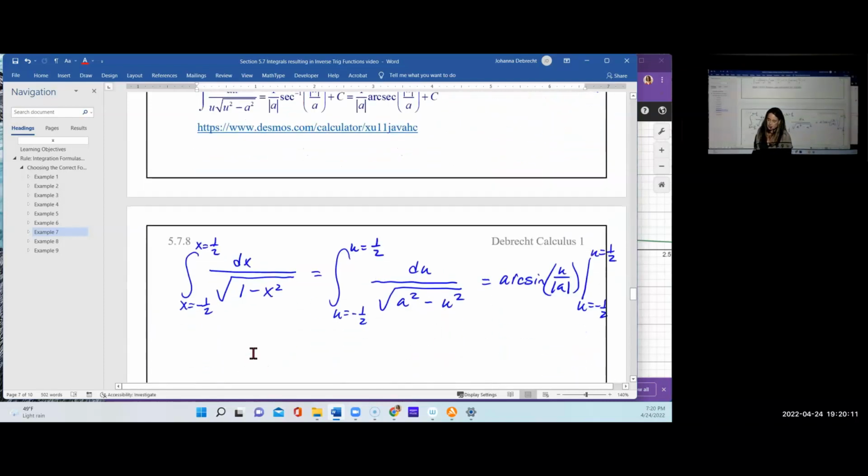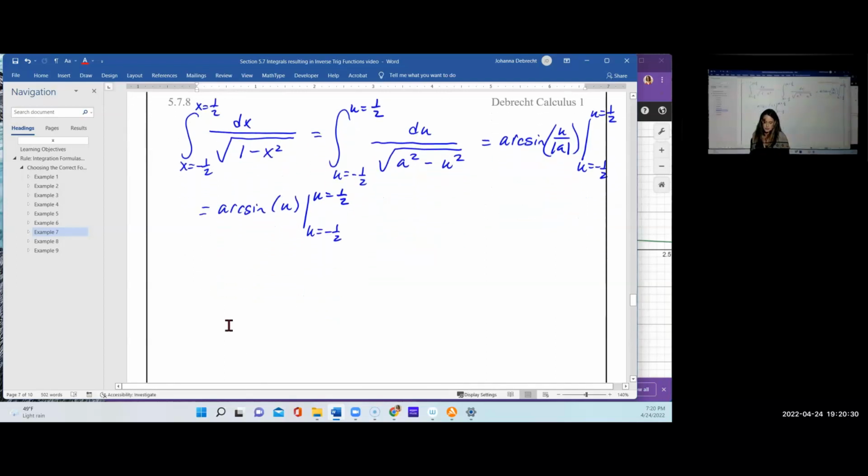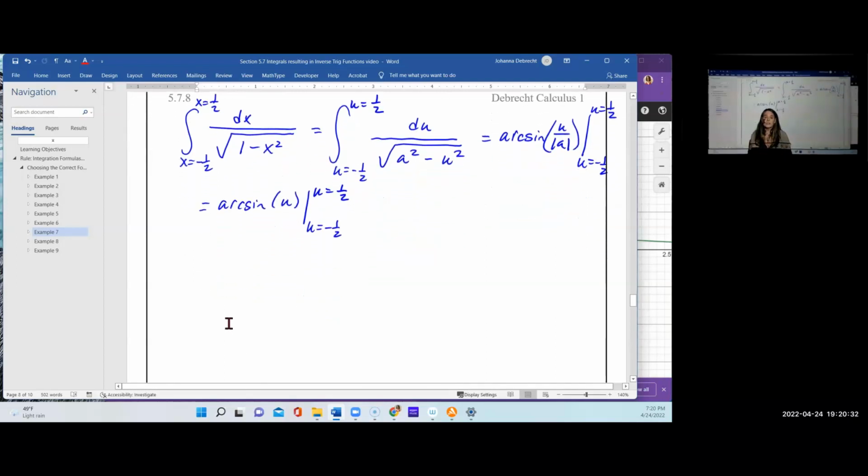Then I can write that this is equal to the arcsine of u evaluated between u equal negative 1/2 and u equal 1/2. Now, when I'm thinking about this one, again, I want to substitute this value into the antiderivative function.